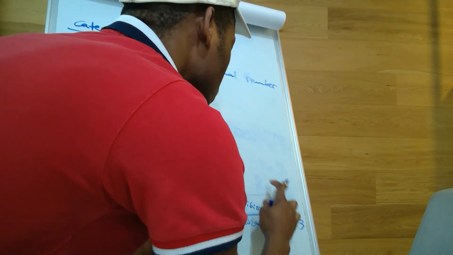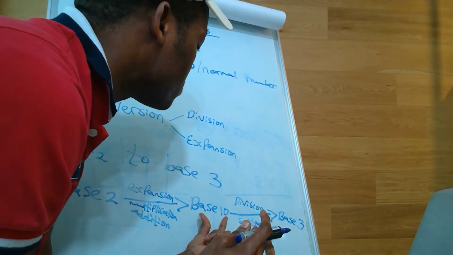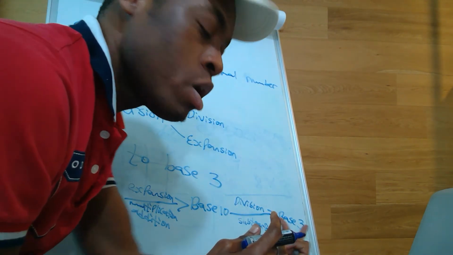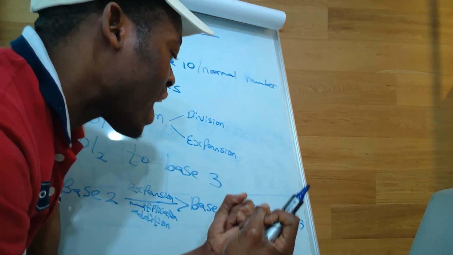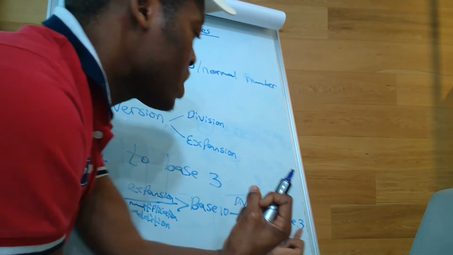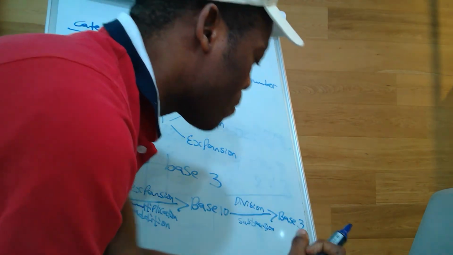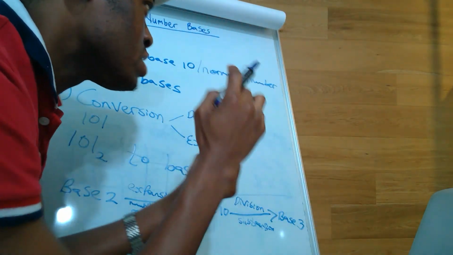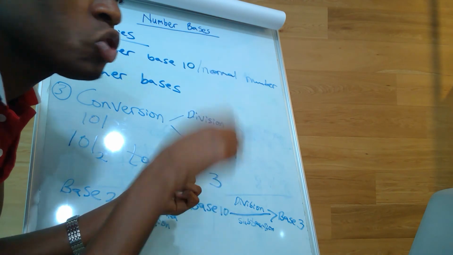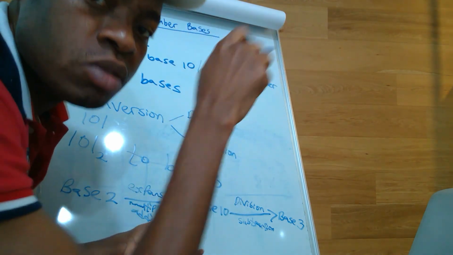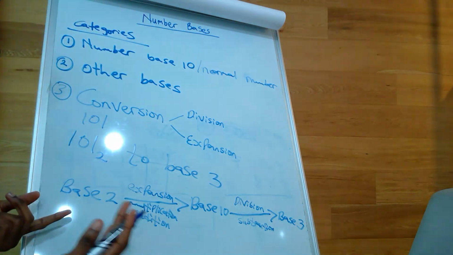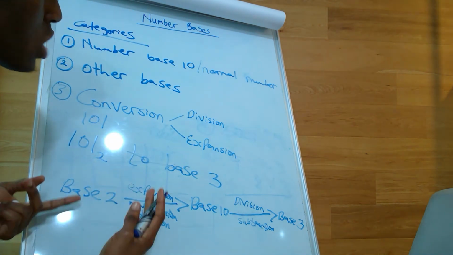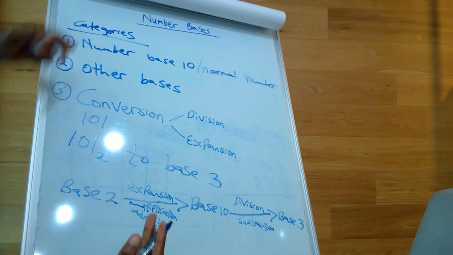If you look at the method that you are using in converting a base 10 number to a base 3 number, it's like you are making it smaller. Base 10 is bigger than 3, so you are going down. So it's like you are dividing it. You start doing that division and you subtract, division, you subtract, division, you subtract.